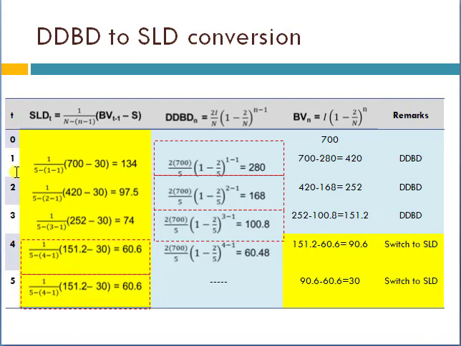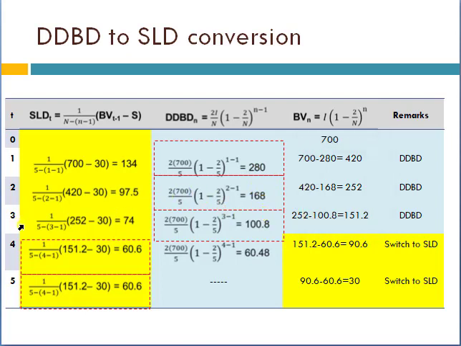Just repeat until year 5. So as you can see in this table, until year 3, we're still using the book value that comes from the DDBD depreciation. So we are going to subtract all the things that come from DDBD.